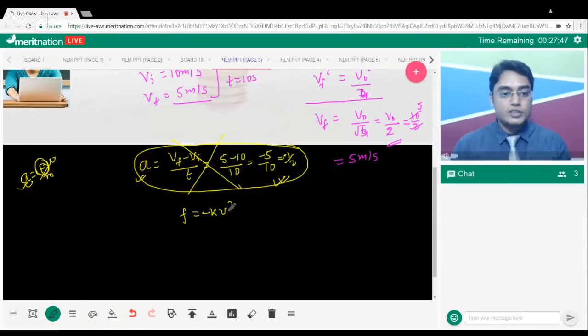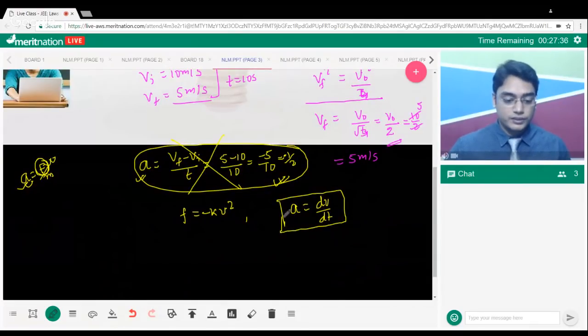Always remember, whenever acceleration is variable, we have to use this formula, A equal to dv by dt, right? And if acceleration is constant, we can directly use the equations of kinematics. We have studied 3 equations of kinematics, so we can directly apply those. k is something constant, and v is velocity. So in this question, we have to obtain the value of k right now. Let me show you in this question.